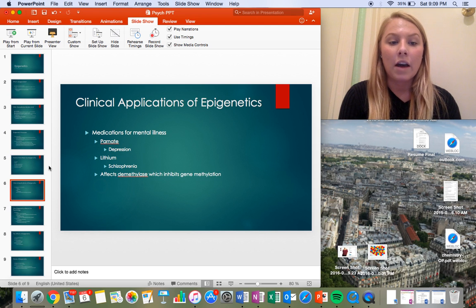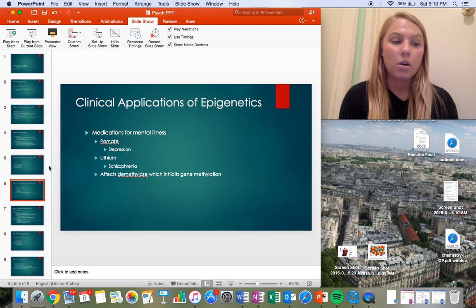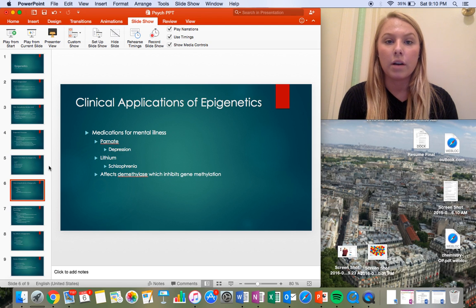So how this works is that it'll affect the demethylase so that the genes which code for depression and schizophrenia will be able to be turned off, and therefore will not be expressed in that person's phenotype, and therefore it'll either reverse or greatly improve upon that person's side effects from their depression or schizophrenia.